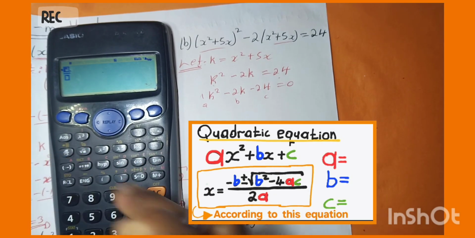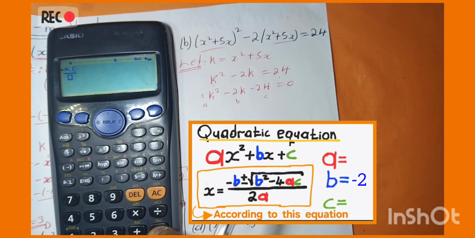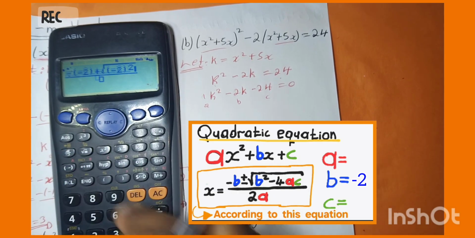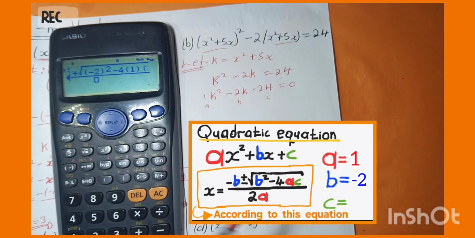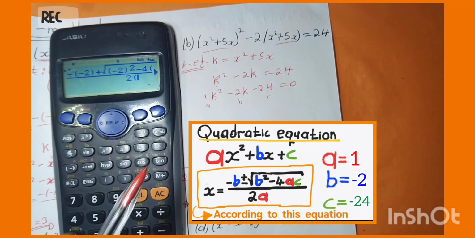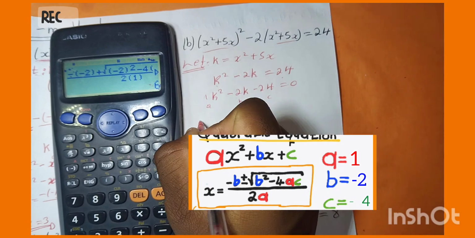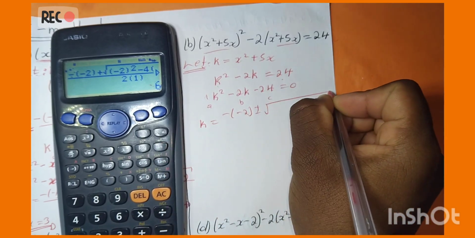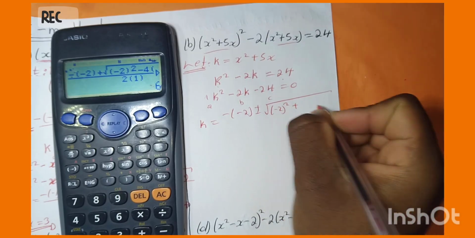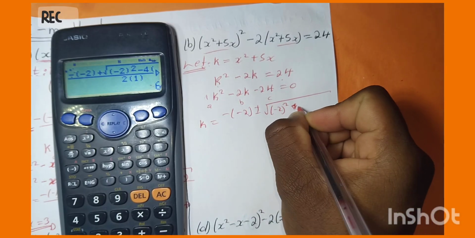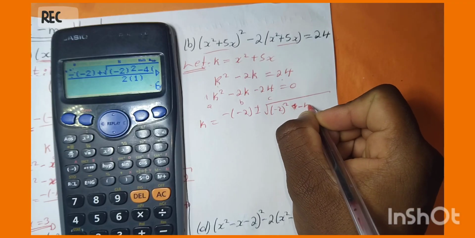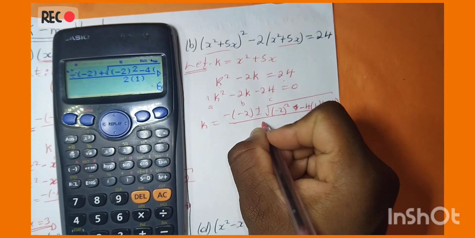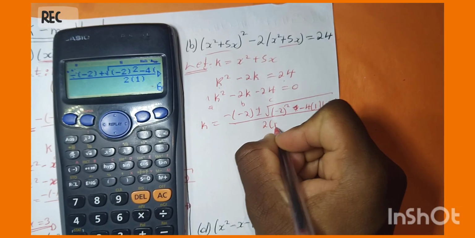Then you just say minus my b there, it's minus, plus or minus the square root of minus 2 squared, minus 4 and 1 and minus 24, divided by 2 and 1 there.